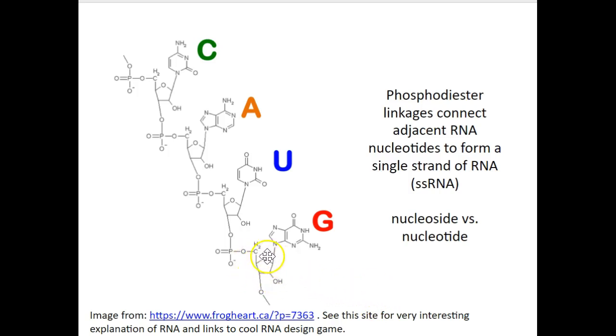So this little molecule here is a pentose sugar. It is the pentose sugar ribose because this is RNA. And it has carbons everywhere these lines connect. So there's a carbon, there's a carbon, there's a carbon, there's a carbon, and then this carbon is considered part of this sugar. This is the number 1, 2, 3, 4, and 5 carbons.